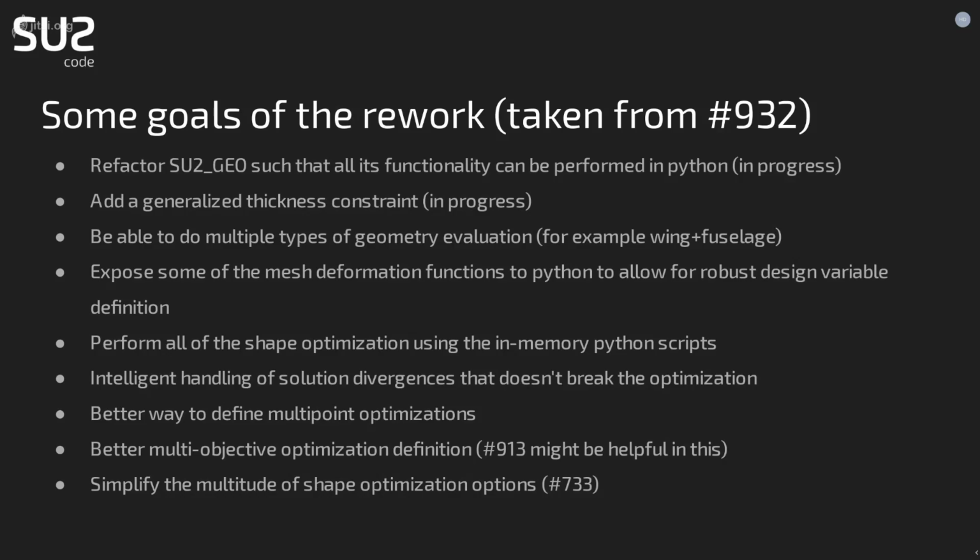And one of the issues that just sprang up again was the multitude of shape optimization tuning parameters. There are just so many ways to scale the design variables, the objectives, but not the constraints, or the gradients of the objectives, but not the objectives themselves.